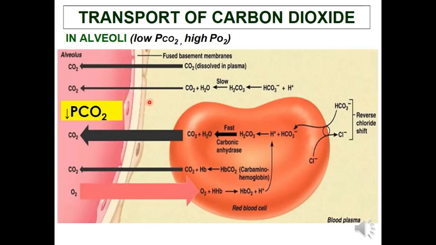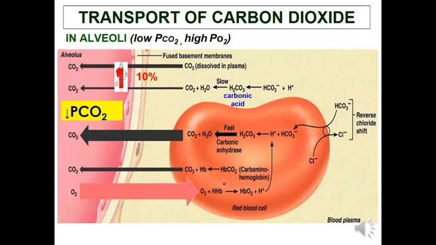Based on the three ways of transport of carbon dioxide: first, the 10% of carbon dioxide that dissolves in plasma will dissociate and the carbon dioxide will diffuse into the alveoli.